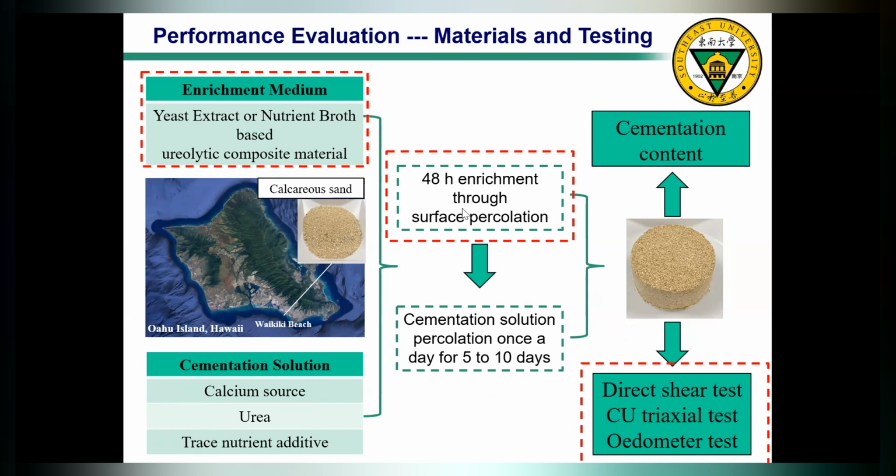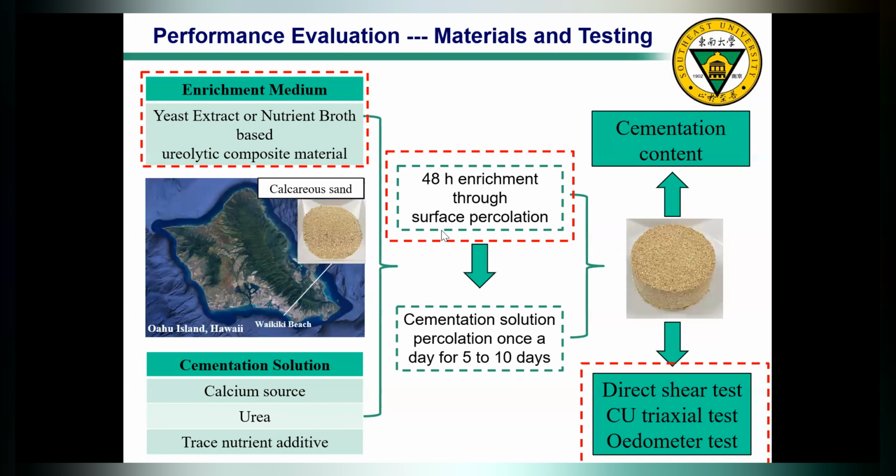Within the cementation solution, there are calcium, urea, and trace nutrition additive. For the first 48 hours, the enrichment medium was percolated through the surface of the soil sample to stimulate the growth of the native bacteria, as mentioned. 48 hours is the optimized time we found, and the concentration of urea within the enrichment medium is 170.